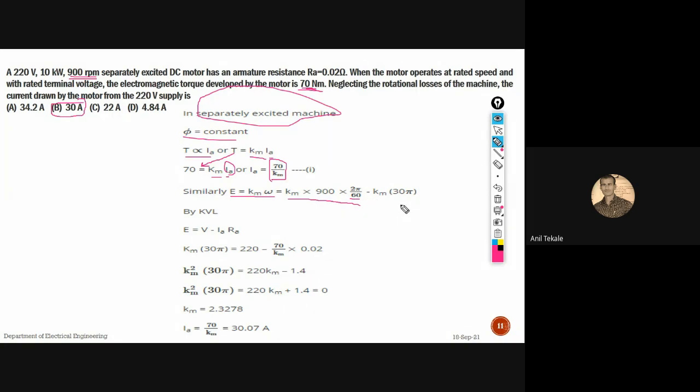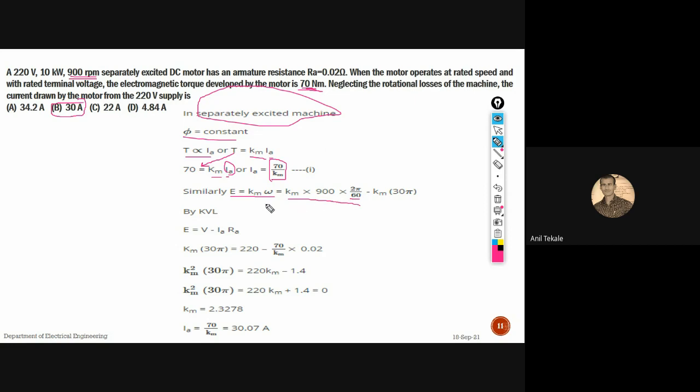Why are we doing it this way? Because, as they have given, we neglect all the mechanical losses, and in the separately excited DC motor, while solving, we just calculate whatever the values are.